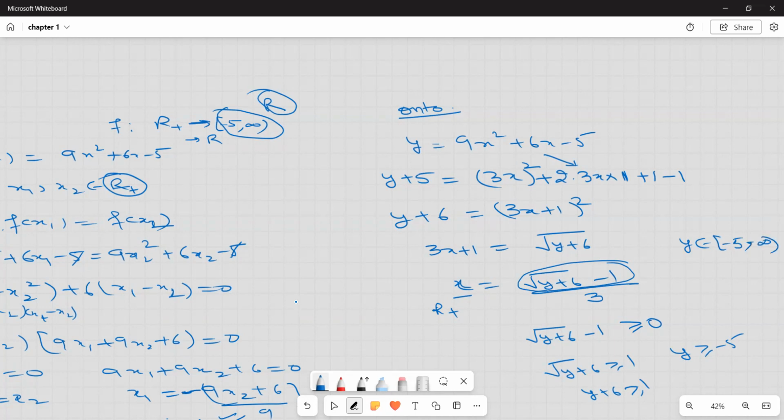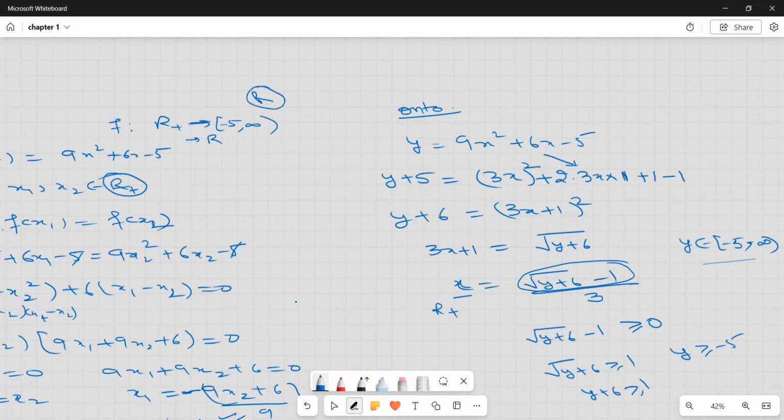But my codomain is R, so it is not onto. But if it is already given like this, then it is onto. If it is R over here, what will you say? If we change the codomain from R to this, it is onto. If they ask you what modification can we make to make it onto, and R is given over here, what will you say?